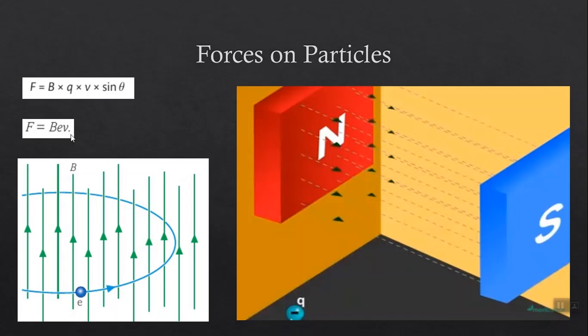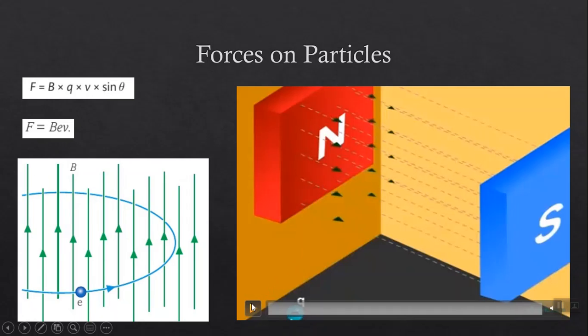If the magnetic field lines are not perpendicular, then we take the component perpendicular to the motion of the charged particle. If it is already perpendicular, then the theta value would be 90, hence the equation would simplify to BeV.